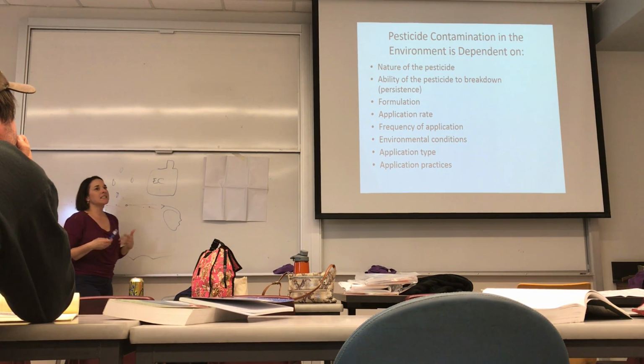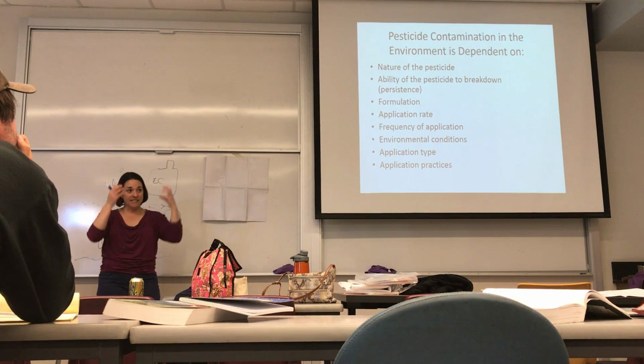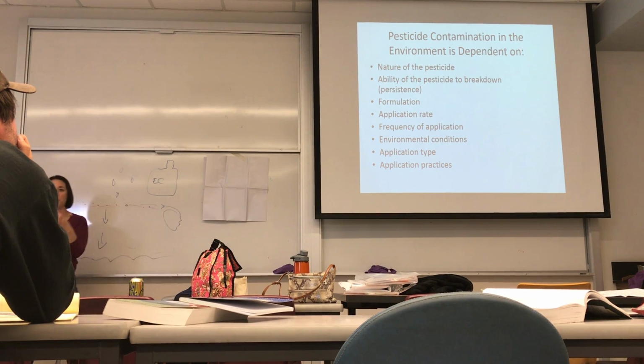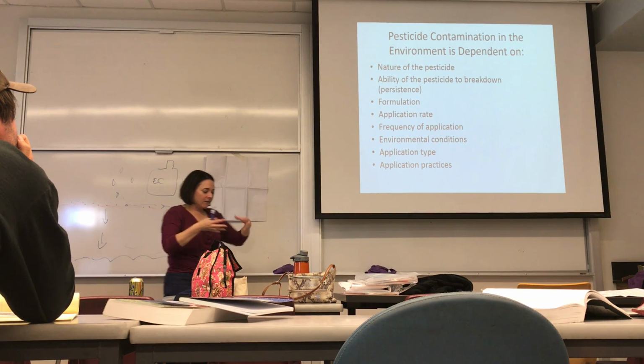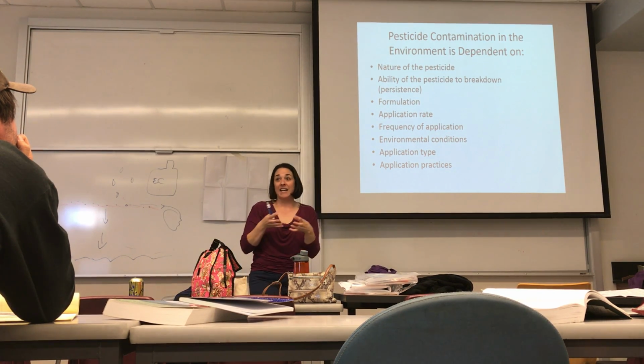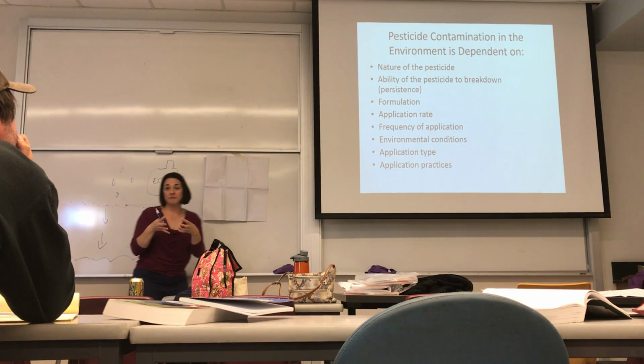So what I'm saying is like the active ingredient itself is the pesticide, it's the chemical molecule that is killing that insect or that disease or whatever. It can be formulated in multiple ways. So the vapor pressure or the volatility of the active ingredient is very important, okay?